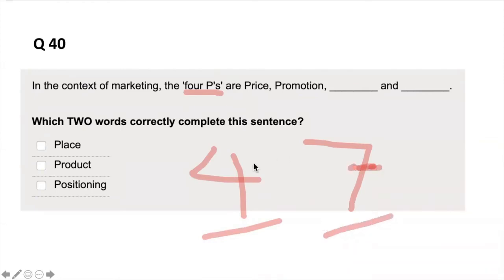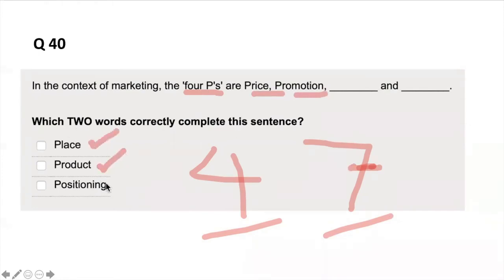And they had 3 extra ones, apart from the first 4, which I will explain now: product, price, place, and promotion, which of course I know by heart. The 3 extra ones have to do with processes, people, and physical evidence. So in the 4 classic Ps, it was price, promotion, and then we had product and place, these 2 here.